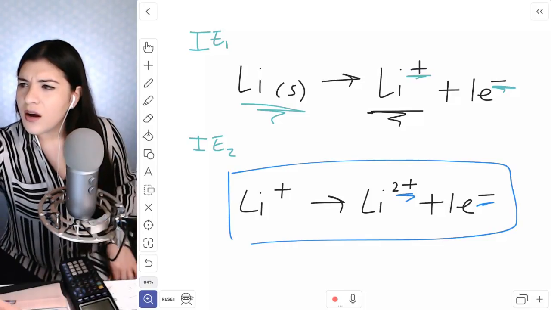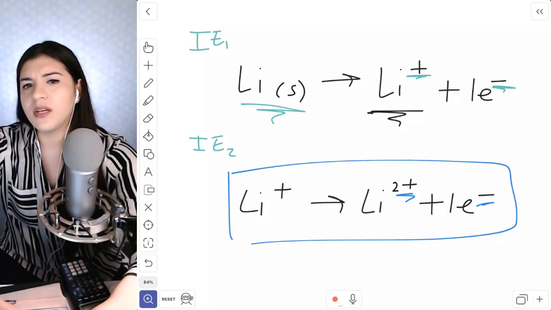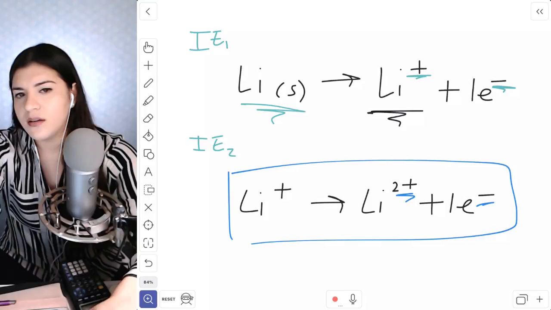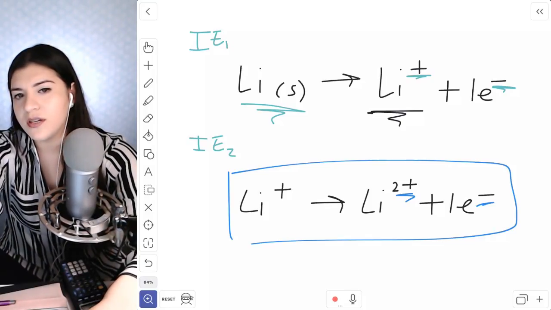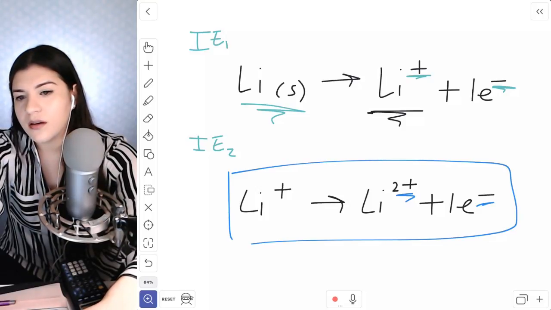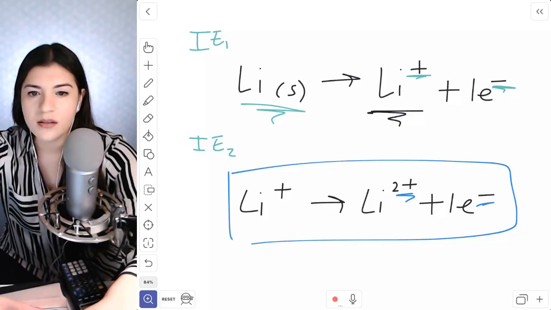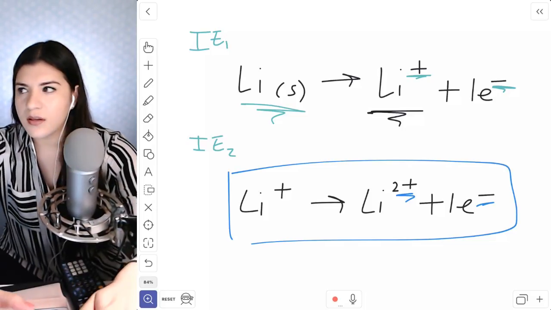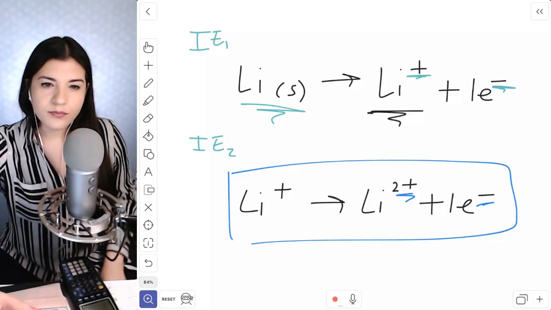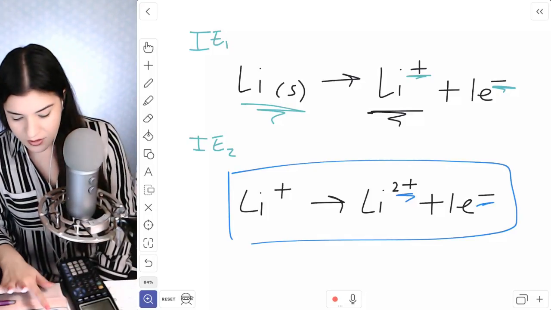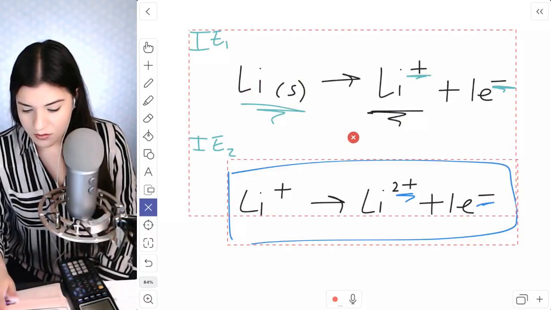Let me see what else you had. Effective nuclear charge. I just want my formula of O2 minus. All right, and I'll erase this part.